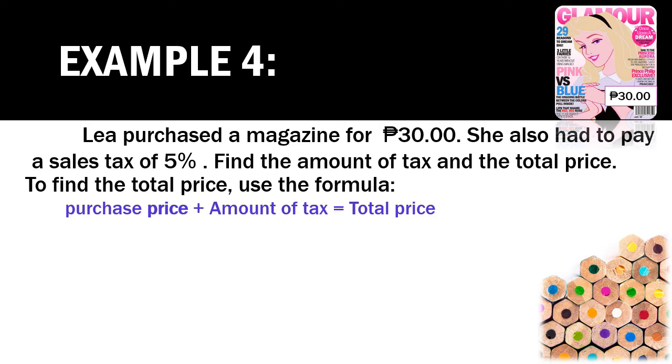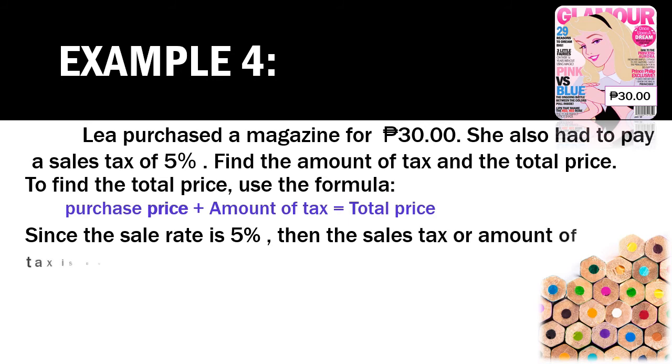First, we need to get the amount of tax. Since the sales rate is 5%, then the sales tax, or amount of tax, is equal to 5% of 30, or 5% times 30, that is 1 peso and 50 centavos.